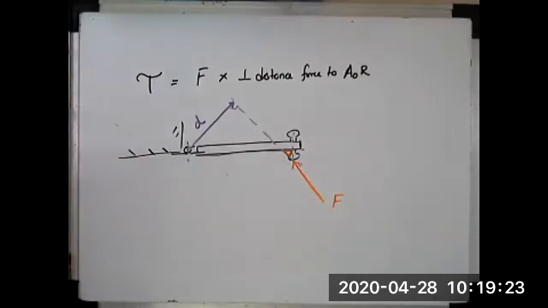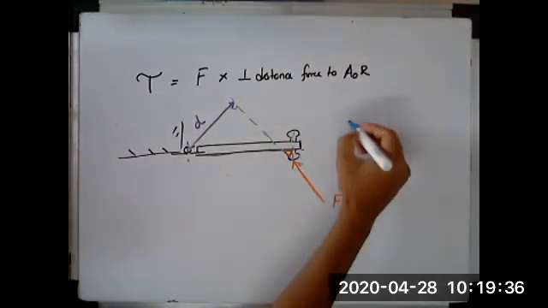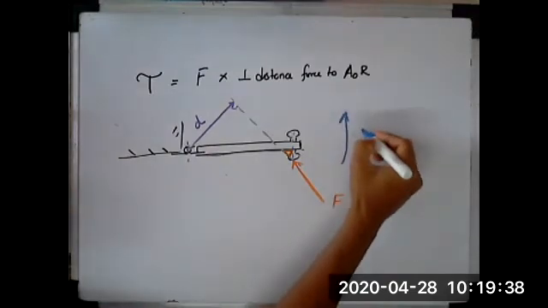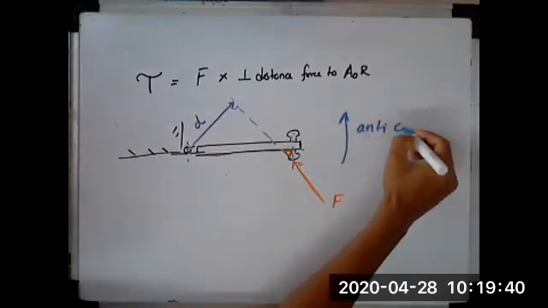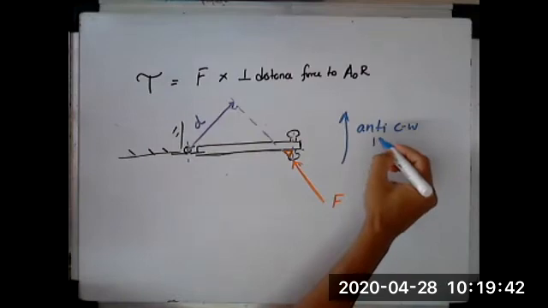Okay. So now to recall the parallelogram law. So what I want to ask is, when you apply a force like this, you are attempting to create this anti-clockwise torque, anti-clockwise movement.